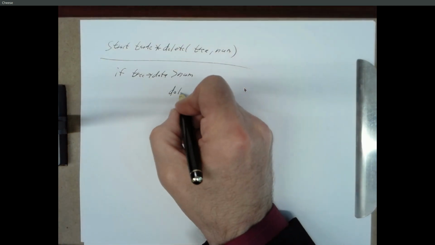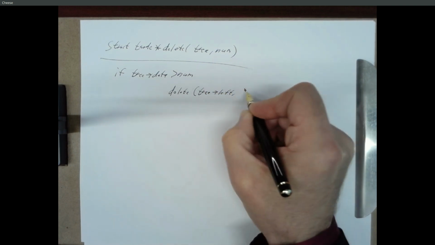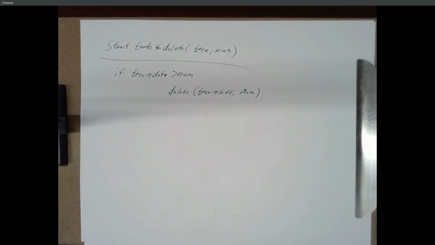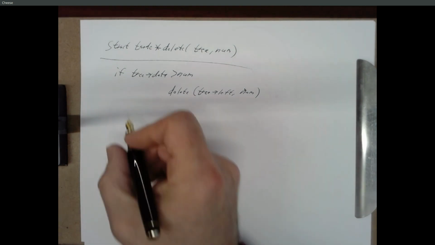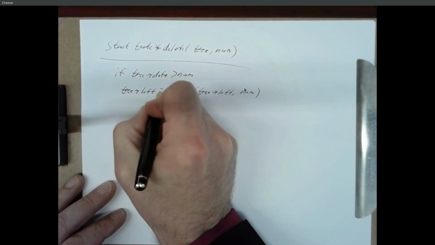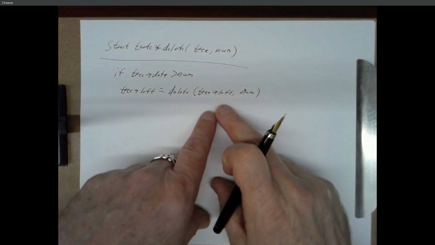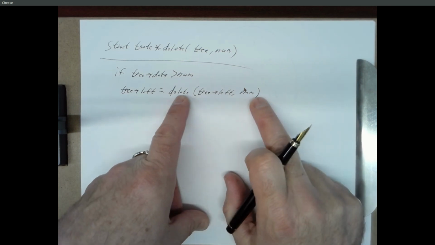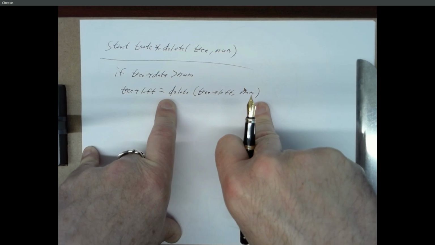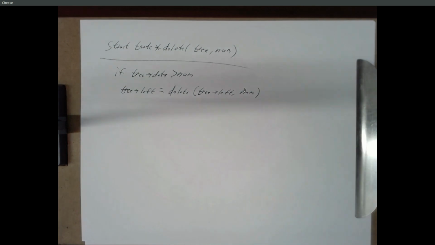So delete num from tree left, but then set my tree left equal to that. So this says take the left subtree, remove number from it, and now make my left subtree equal to whatever I got back from delete. So take that left piece, remove the node, put that left piece back.